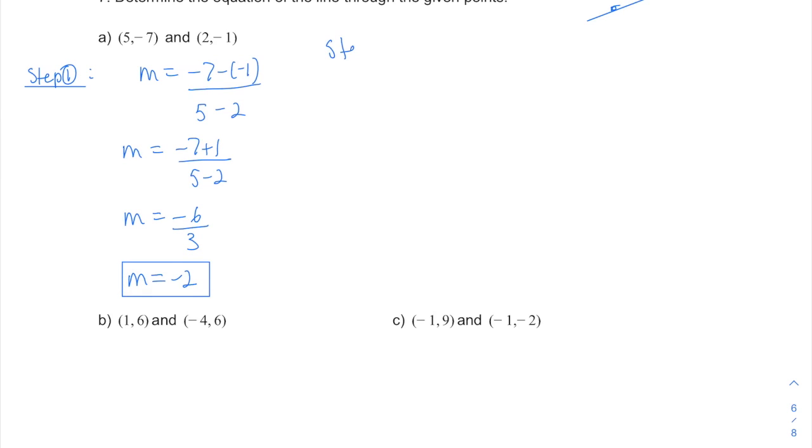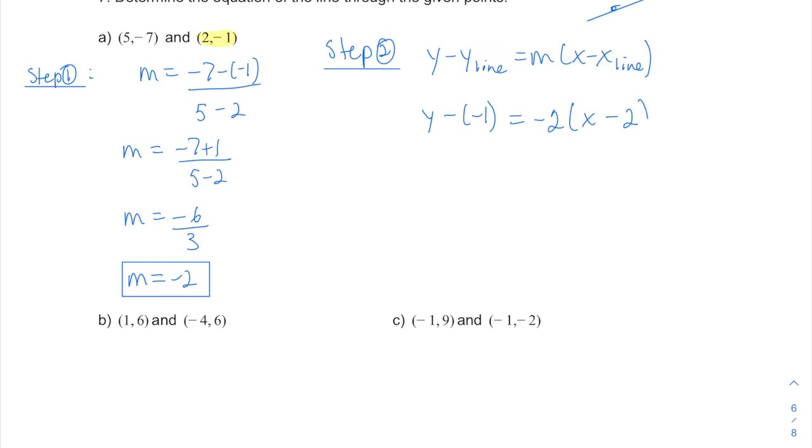And in step 2, we have to pick our favorite equation from above. Okay, and we're going to sub in what we know. So I'm going to sub in this point here, 2, -1. It doesn't matter which one you sub in, but I like that one because the numbers are smaller. And I'm going to sub in my slope that I got from step 1.